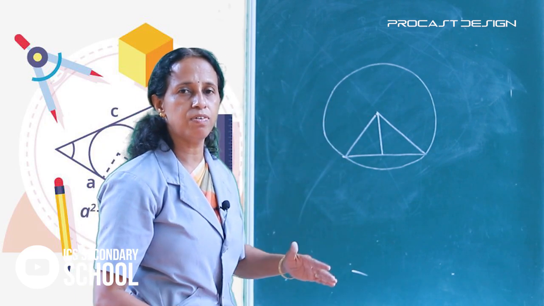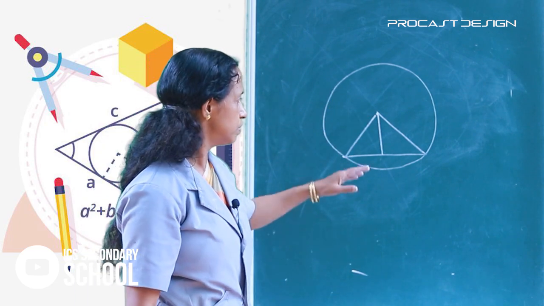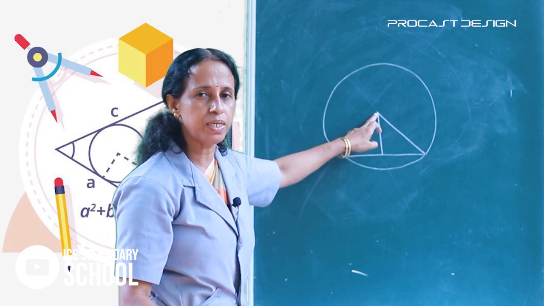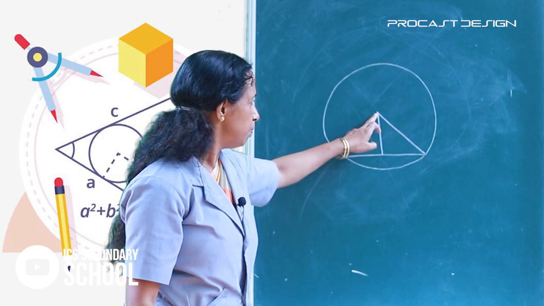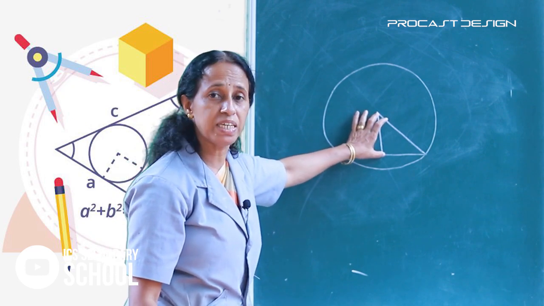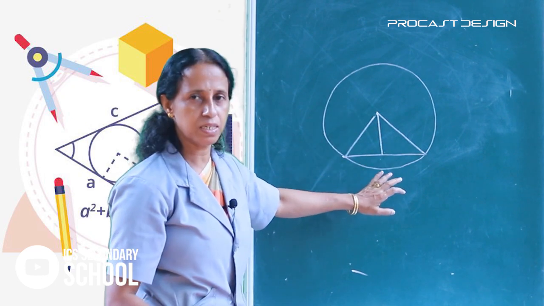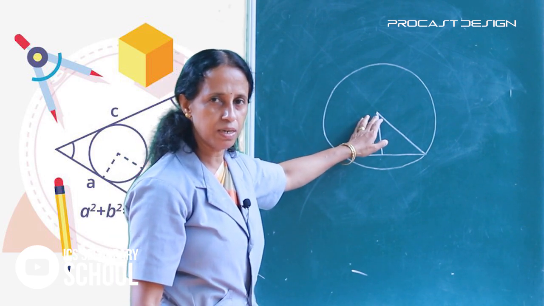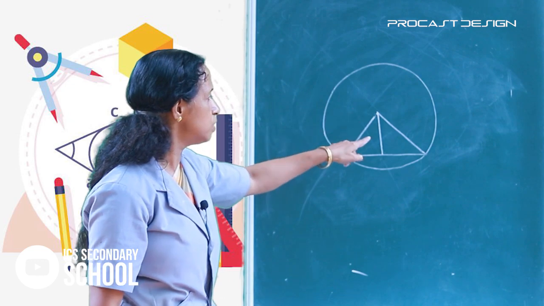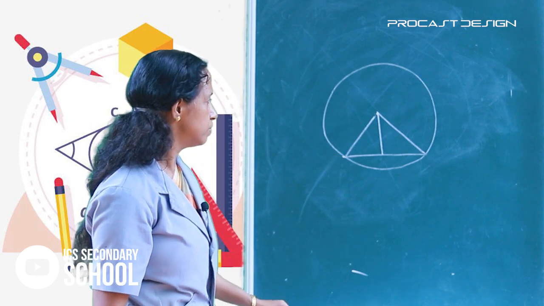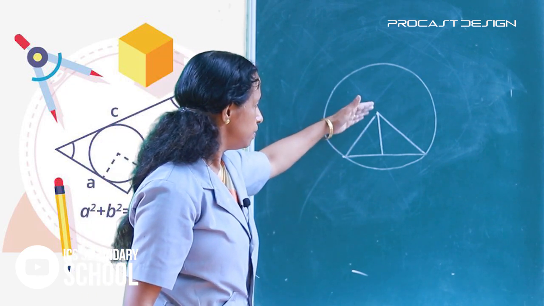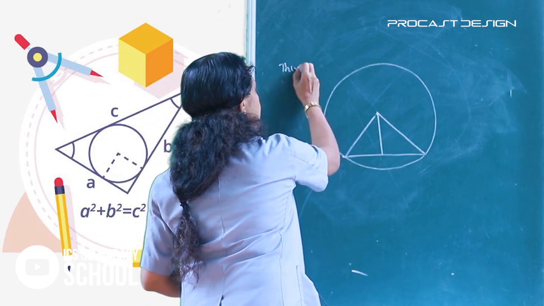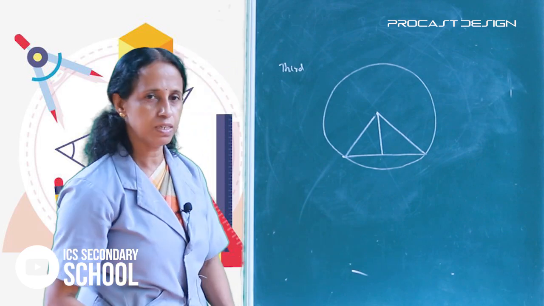The third vertex lies on the perpendicular bisector.